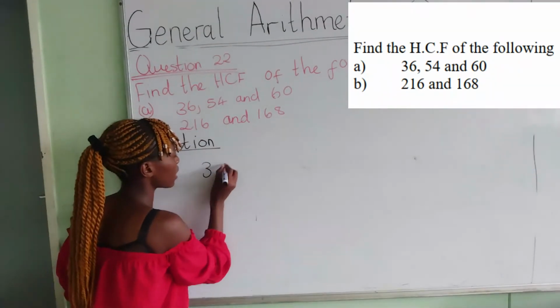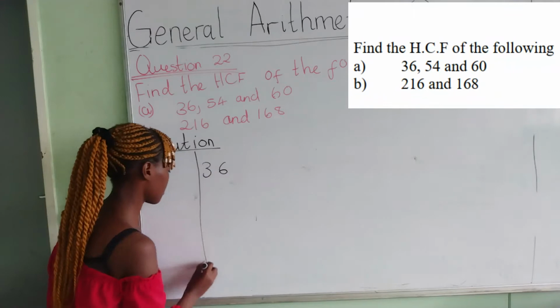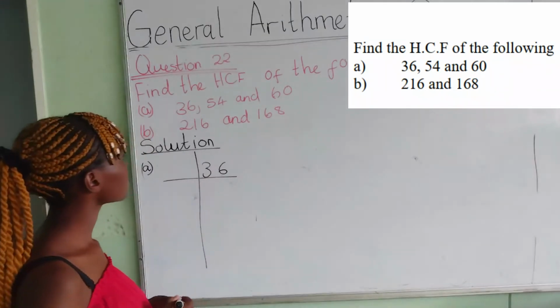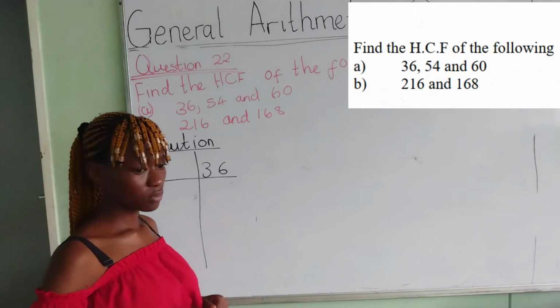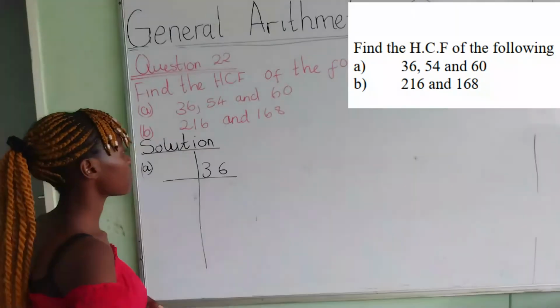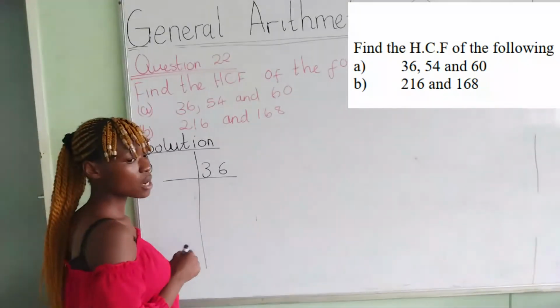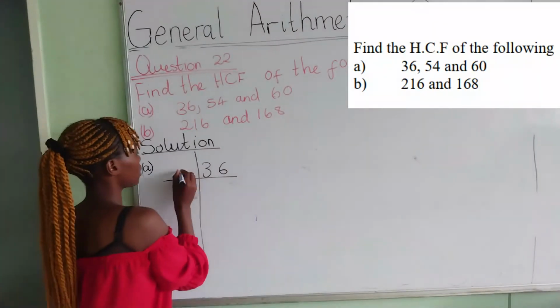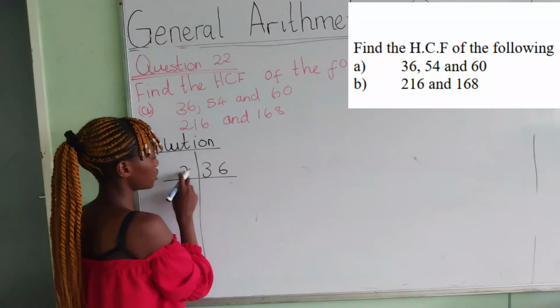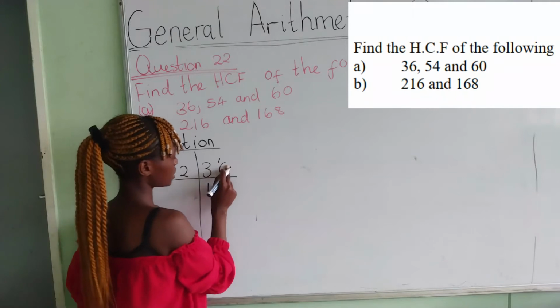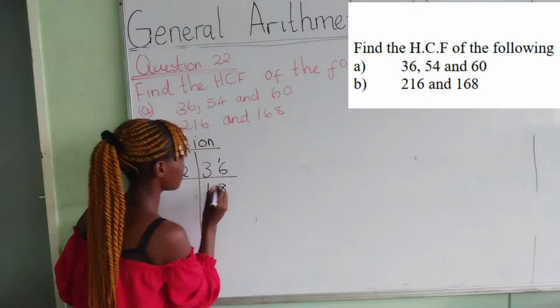You draw your table like this. You find your first prime number. So 1 is not a prime number. So I'm going to start at 2. 2 into 36 is 18. 2 into 18 is 9.